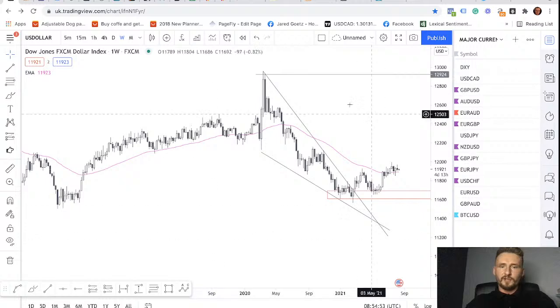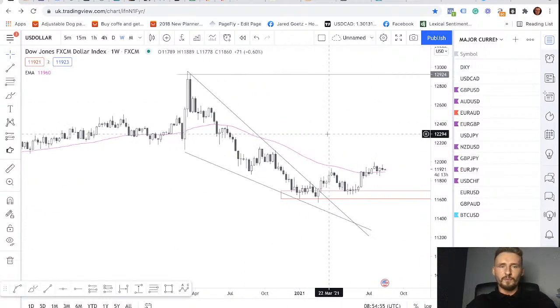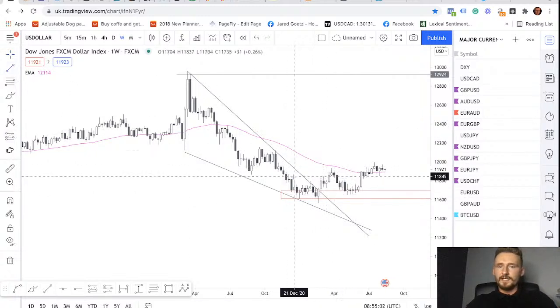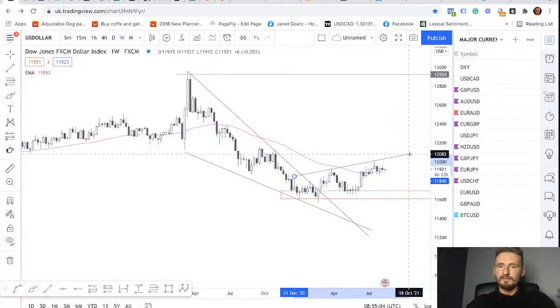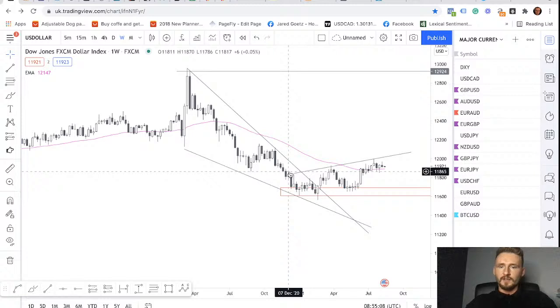So we could argue that we had some form of descending pennant pattern, and then we've ever so slowly started breaking out, but not really in a direction, right? We're consolidating right now.